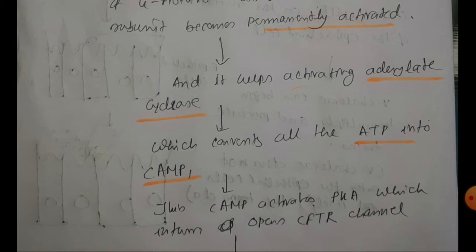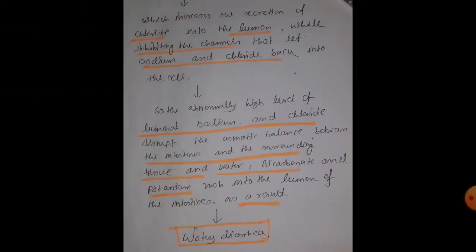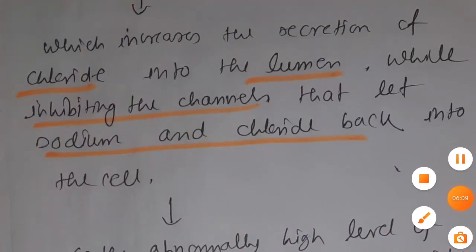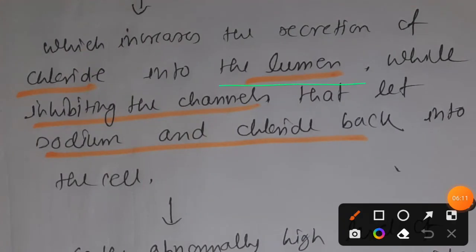As a result, too much chloride ion will be released into the lumen. Along with that, sodium will also be released, and the channels involved in letting them back into the cell are also inhibited.